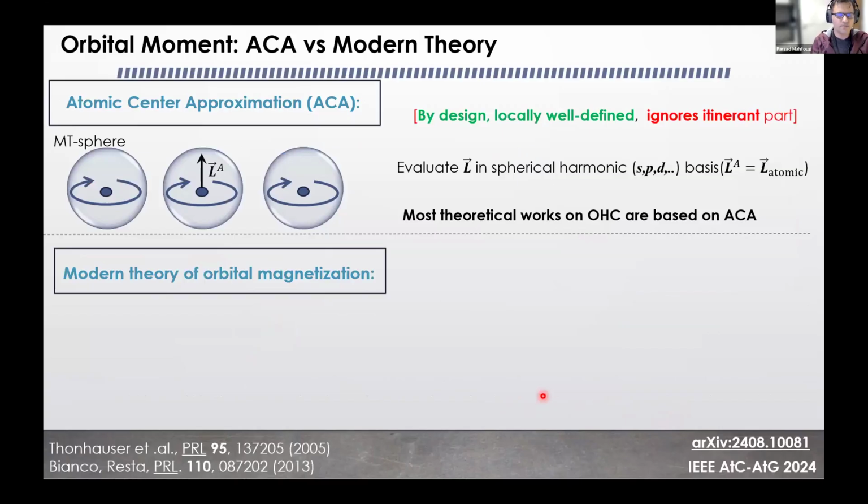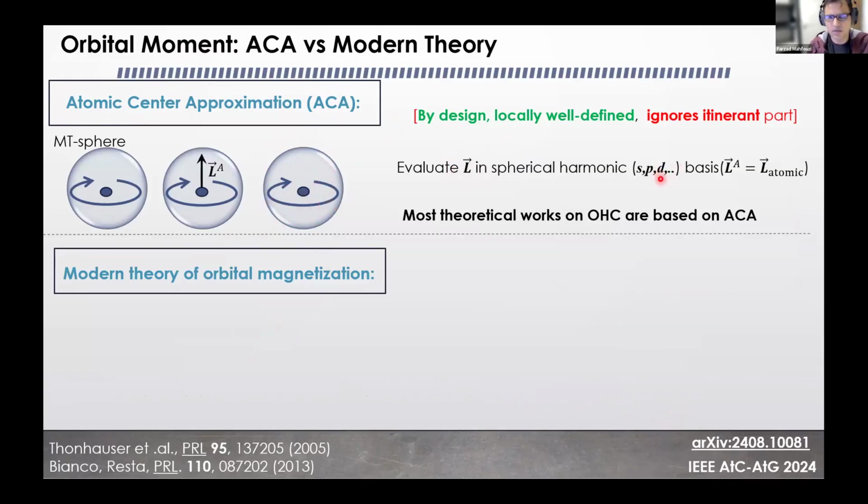So now, first, let me give you an introduction on how we theoretically treat orbital moment. There are two ways. One is the approximate atomic center approximation, where for the orbital moment operator, you define it within the muffin tin sphere, where you have more or less spherical symmetry.